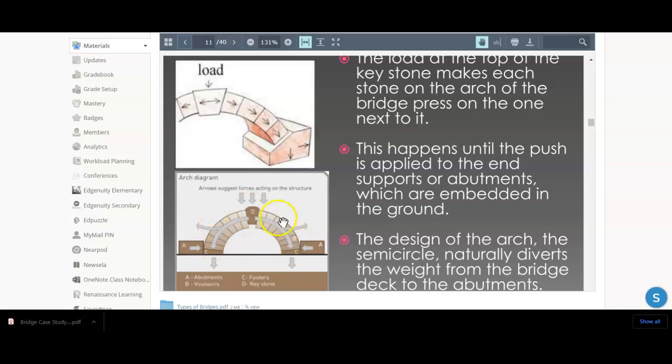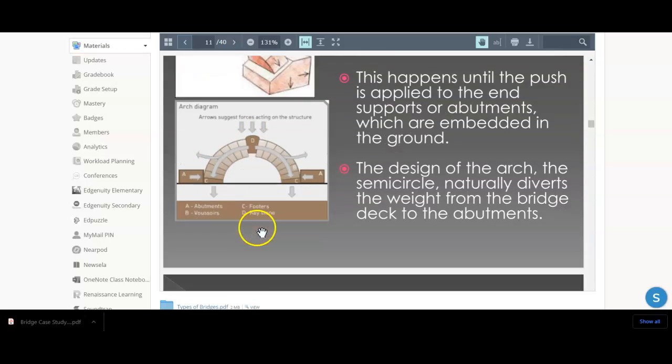So the only thing that's really holding this together is the weight of the stones itself. There's no cement gluing these together. It's just the weight of the stones that are really pushing it all down, and that's why these structures are always in a constant state of compression, because once it loses compression, these come crashing down.